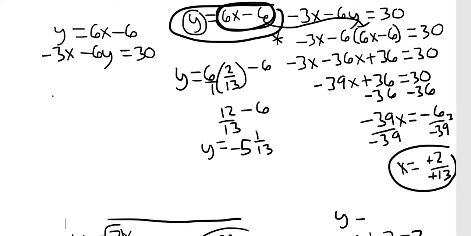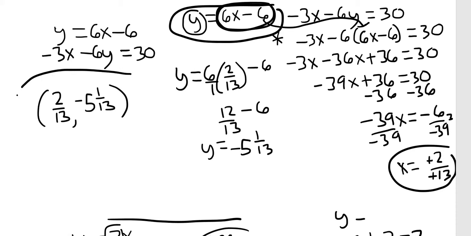So the ordered pair of where these two lines cross each other is 2/13 and -5 and 1/13, which I think if we were to solve this system by graphing, this would have been a really tricky point to identify.